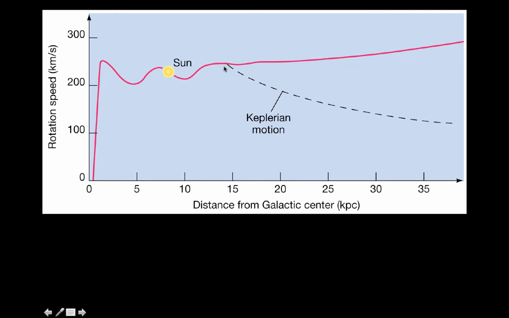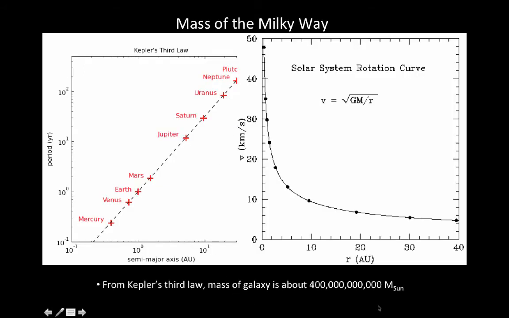Nevertheless, at this point here, you can still use this curve to figure out how much mass is inside a radius of about 15 kiloparsecs. And what you find is that the mass of the galaxy is about 400 billion times the mass of the sun. If you think that the average mass of a star is probably a few solar masses, then this tells you that there's about 100 billion stars in our galaxy.